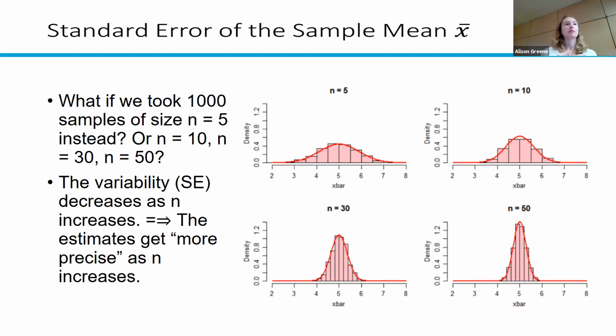That's where it's centered around, but we have a lot of variability. We're estimating outside of 5 and kind of far away from 5 fairly often. But as we increase our sample size, the center of our distribution is getting taller, and we're getting less variability and more precise estimates. Again, because our sample size is large, sample size is important.